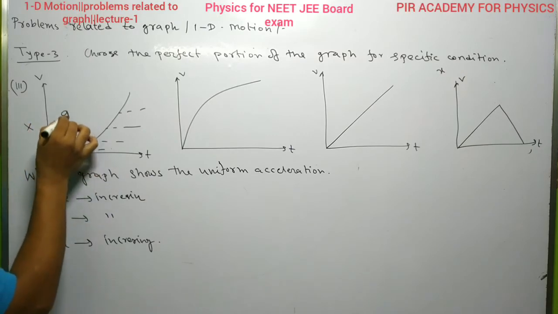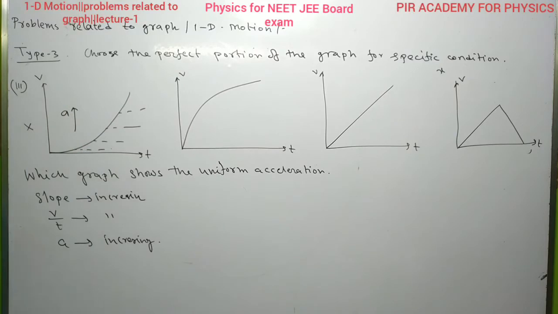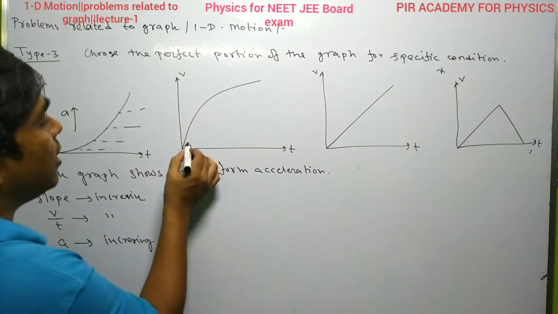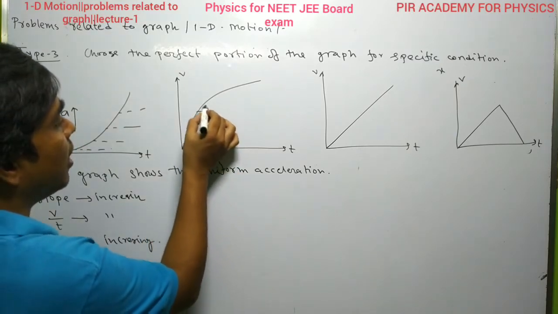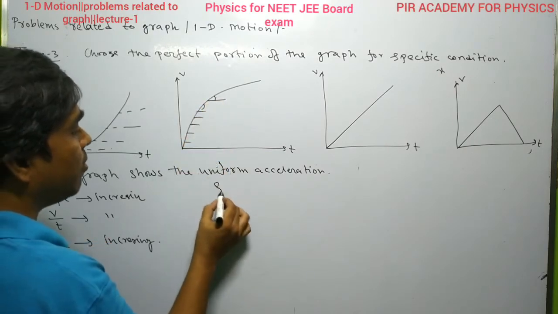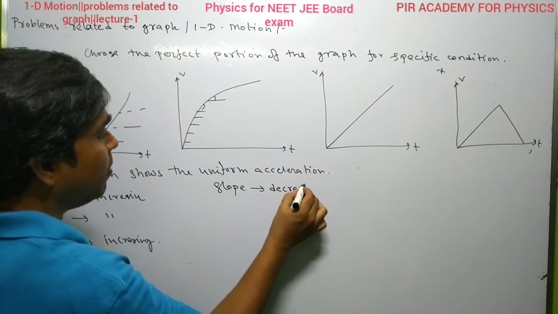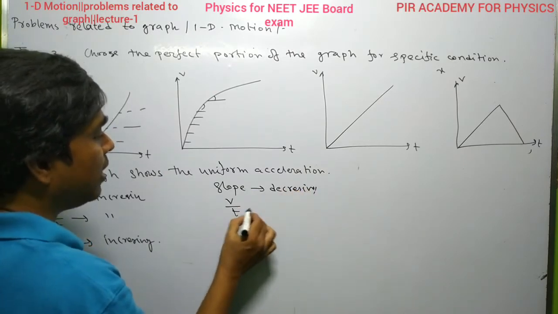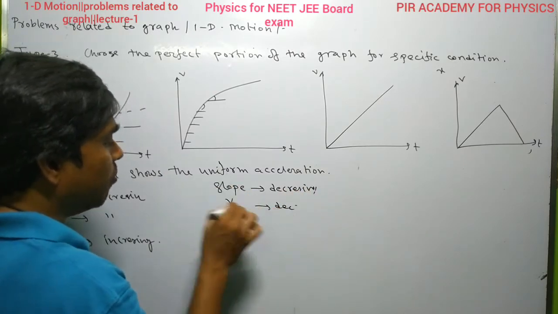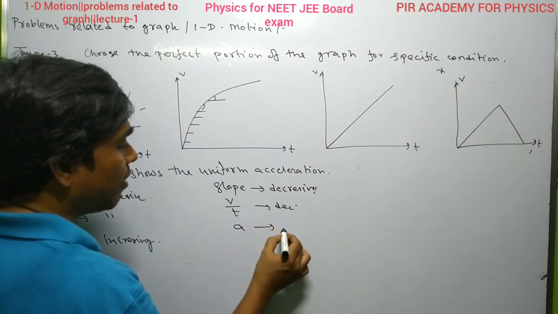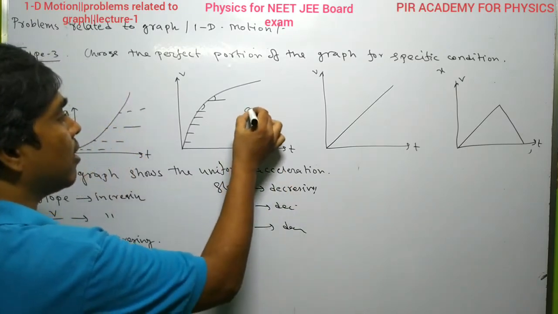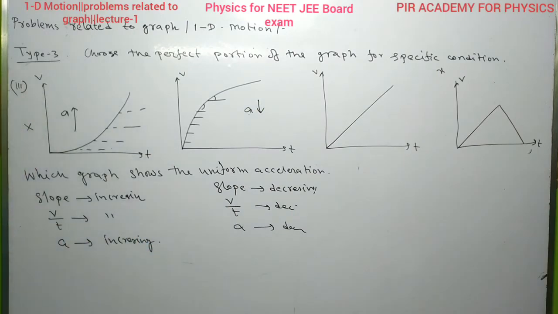Here acceleration is increasing. Here you see the slope is decreasing. If slope is decreasing, that means v by t is decreasing, that means acceleration is decreasing.